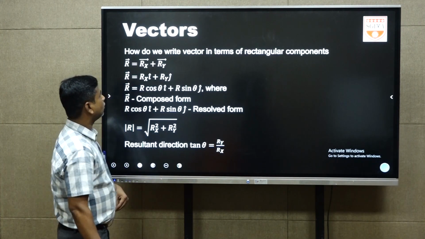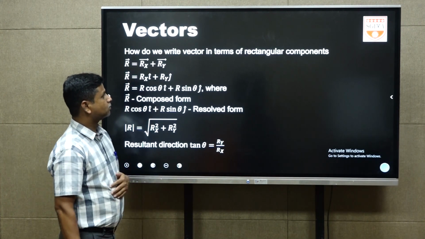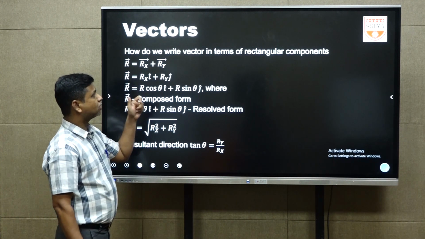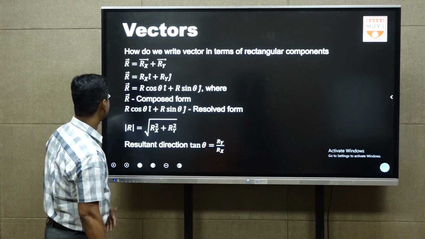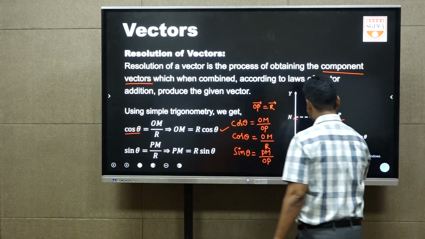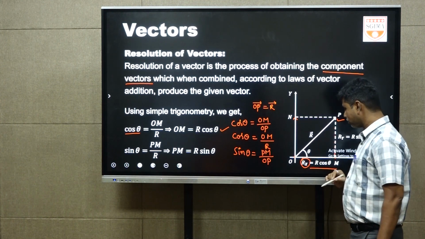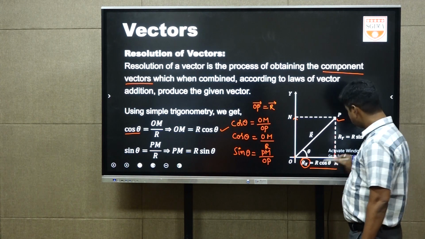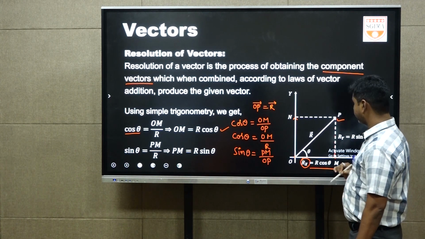How do you write the vector in terms of rectangular components? In the diagram, observe R bar: Rx is the horizontal component and Ry is the vertical component.